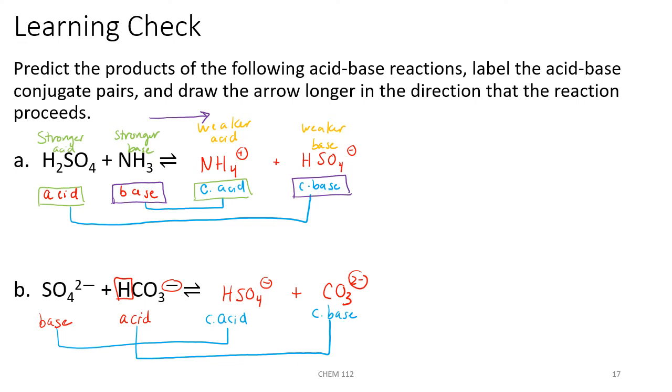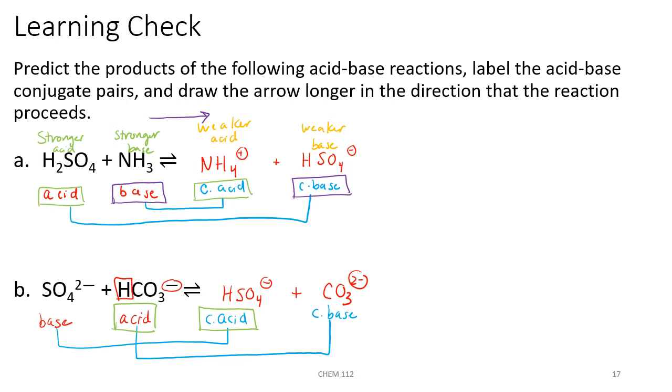So now we want to pick our two acids or our two bases to check on the chart. The stronger pairs will always be on the same side. The weaker pairs will always be on the same side. So you really only have to check either both acids or both bases. But let's say that we want to check our acids. So we're going to check HCO3- as an acid and HSO4- as an acid.